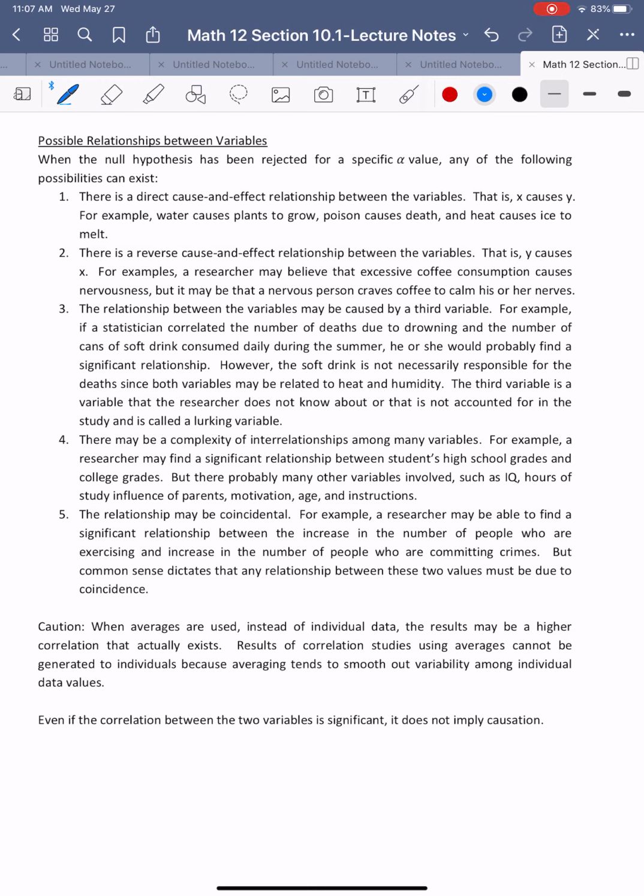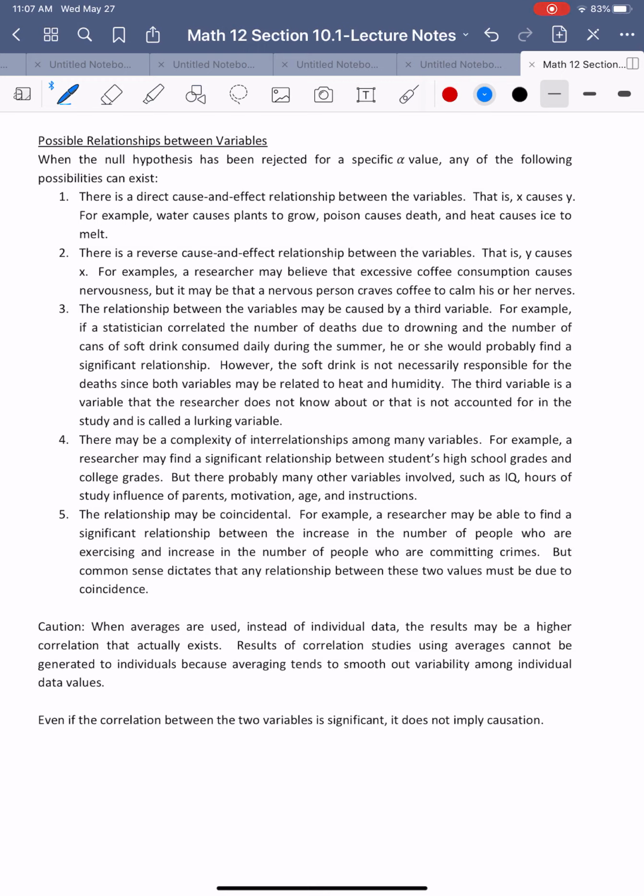The relationship may also be coincidental. For example, the researcher may find a significant relation between increases in the number of people who are exercising and increases in the number of people who are committing crime. But common sense dictates that any relation between these two variables must be due to coincidence.